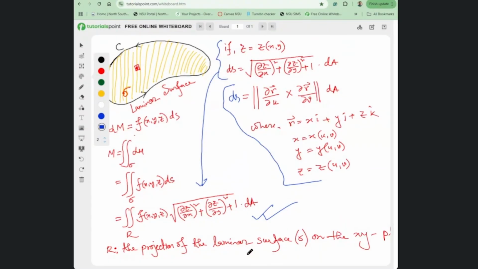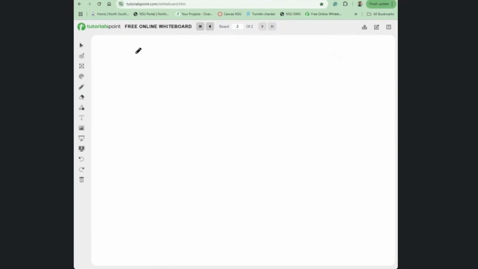Fortunately, here z is given explicitly. So what do we need to calculate here? The surface integral of the function of x, y, z ds.